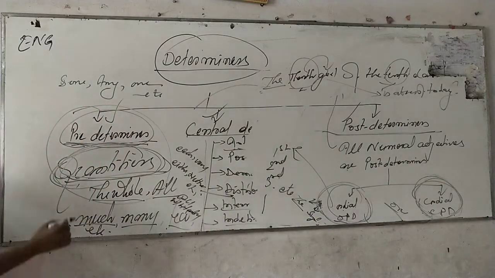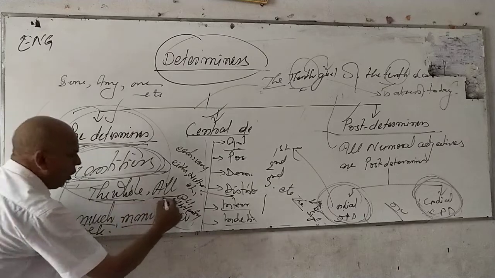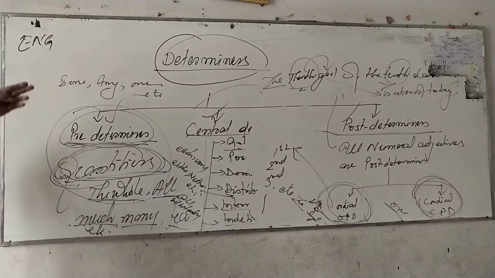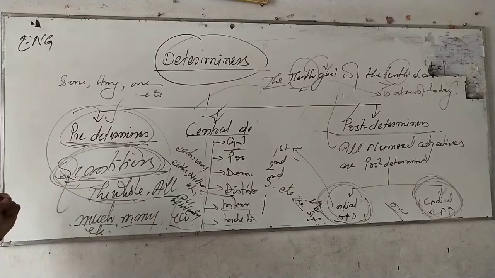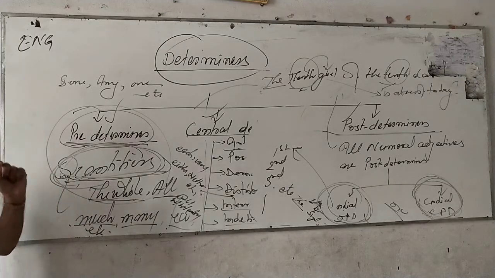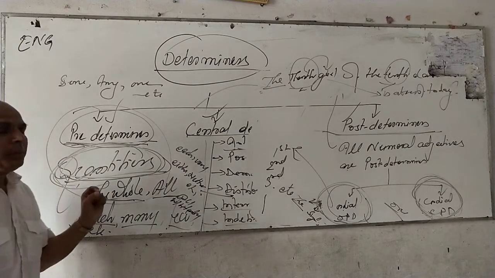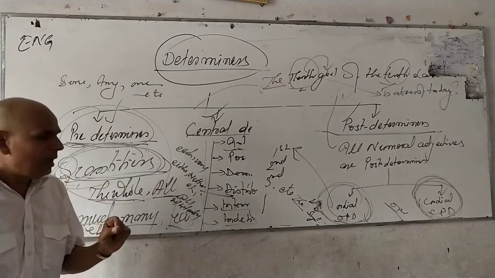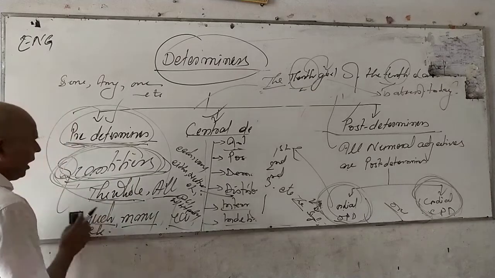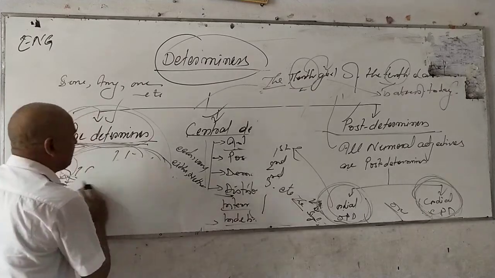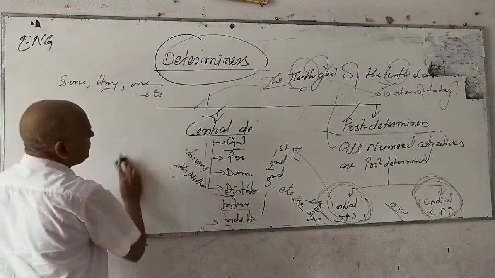Now I come again to the quantifiers, all and the whole. So I just go for the discrimination between the two determiners having the same meaning but still having some differences. And those differences I will discuss now. As for example, I discuss here the predeterminers.